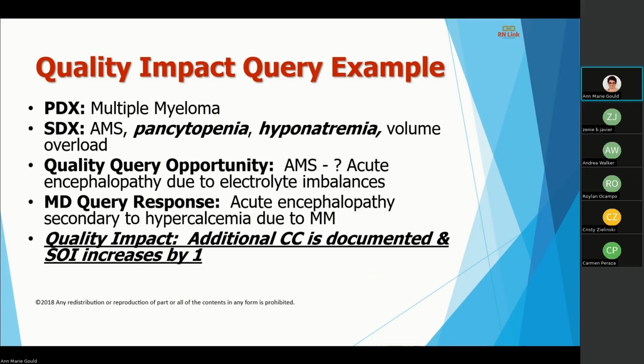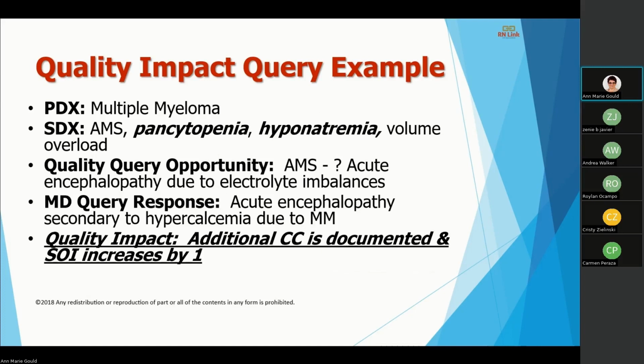So then you would increase your severity of illness, your risk of mortality, but also your financial impact, because we have multiple myeloma PDX under that MSDRG assignment with an MCC capture. Okay. And then your geometric mean length of stay goes up a little bit as well from a CC to an MCC capture, as well as your reimbursement, because your relative weight increases.